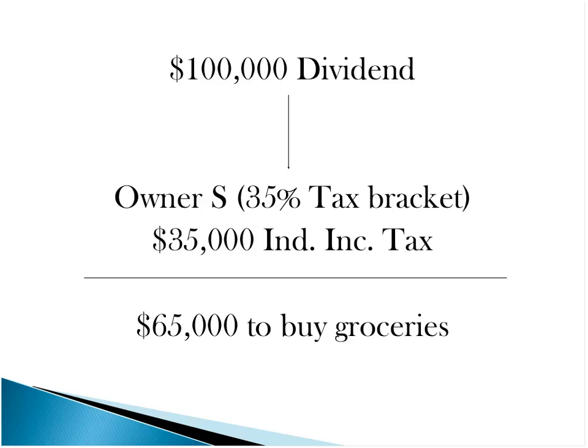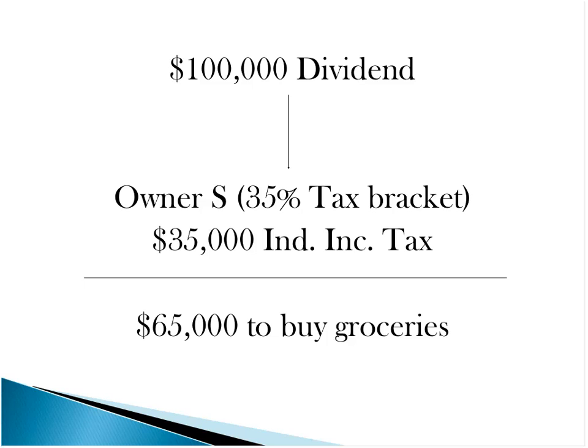So I presented this example of the S Corp where they don't pay any salary. They take everything as a profit distribution, and they end up with $65,000 for personal expenses. And that's fine if you're not working in the business.